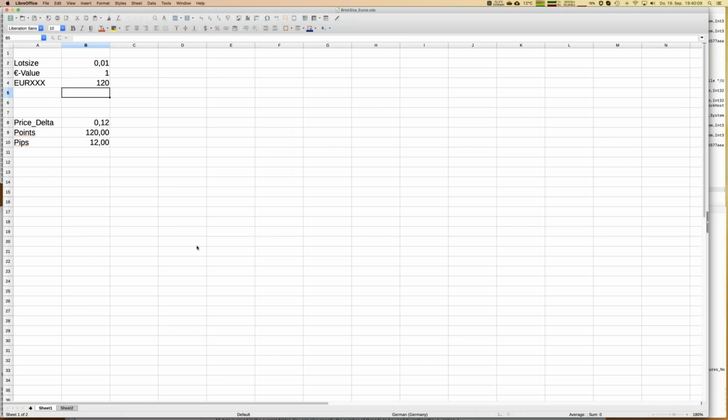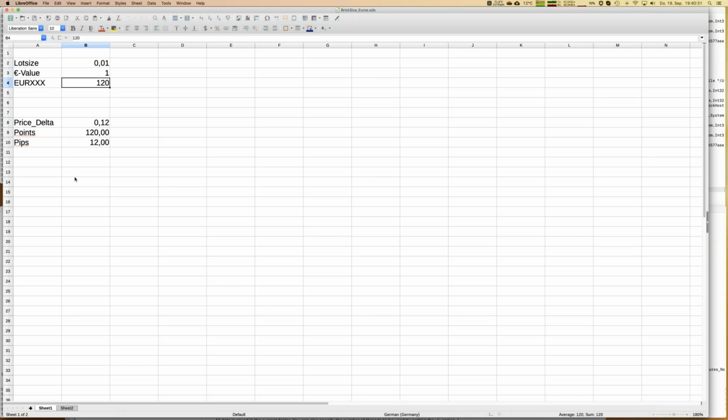If you need some help to translate price moves into those values which are important for the indicators, like points or pips, I've created a quite small Excel sheet where you can put the numbers in, like lot size or euro value.